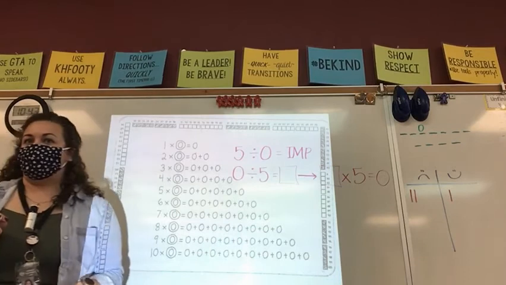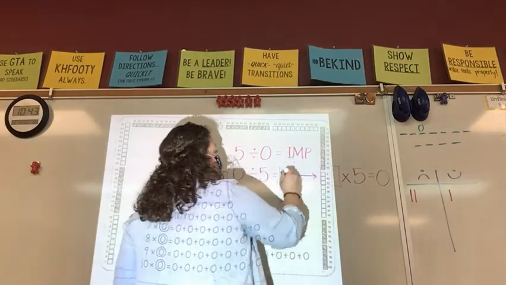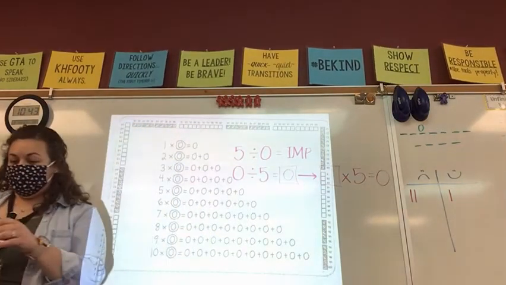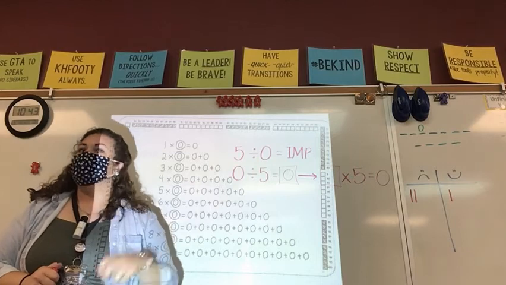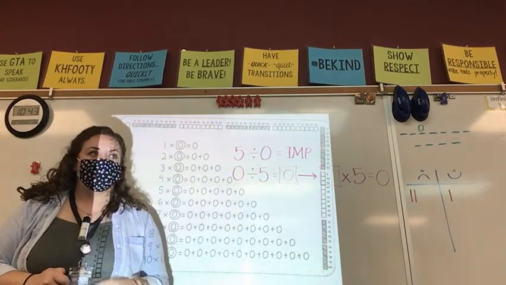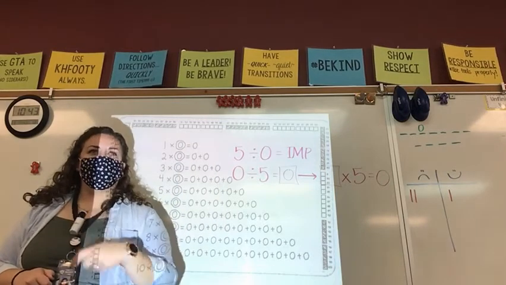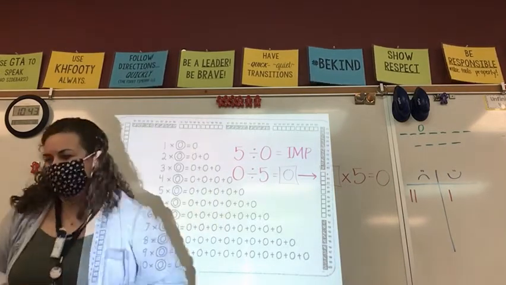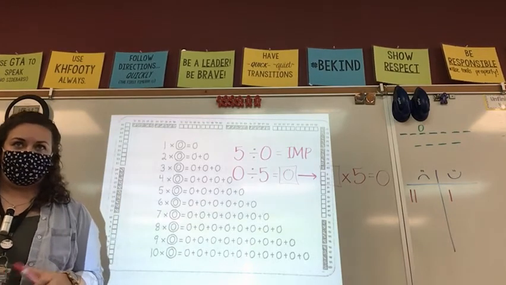What do I multiply by 5 to get 0? 0. So if it's 0 divided by a number, we still get 0. But can we divide by 0? No. Can I hear your sassy phrase again? No. You can't divide by 0. It's impossible.